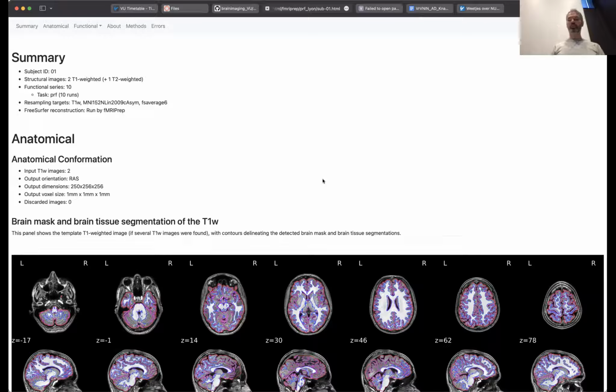But first we're going to talk about fMRI Prep. And that is a more general pre-processing thing. So they're both created by the same lab, MRIQC and fMRI Prep. And they run in a container, so they run from any computer, more or less.